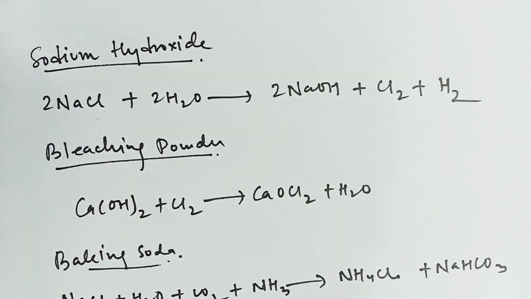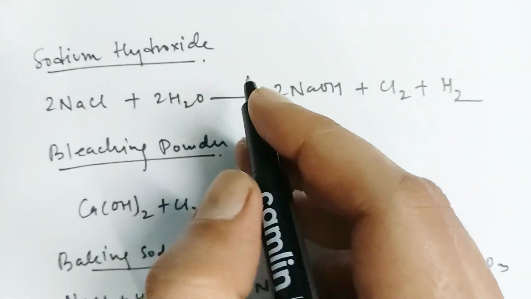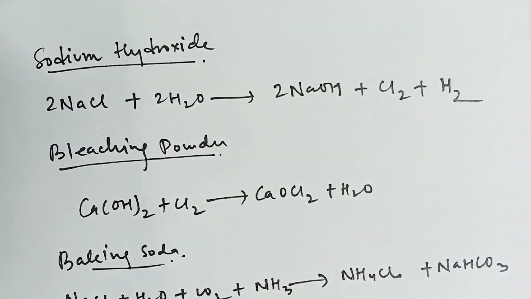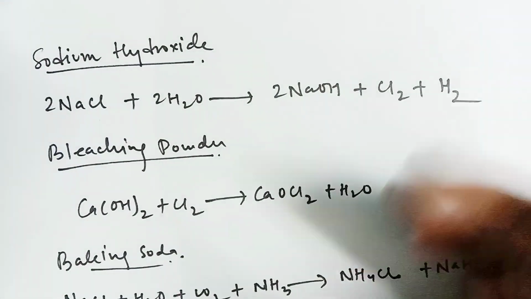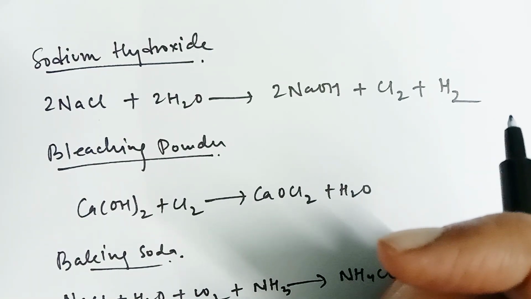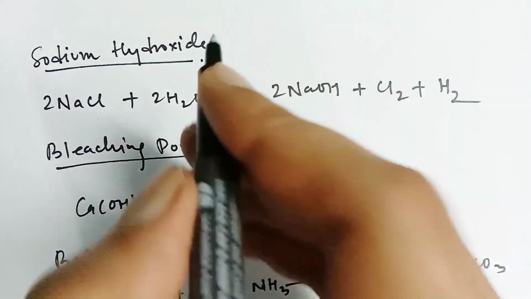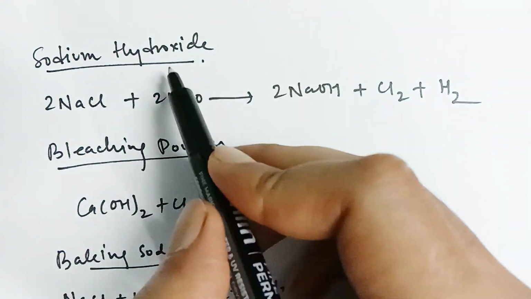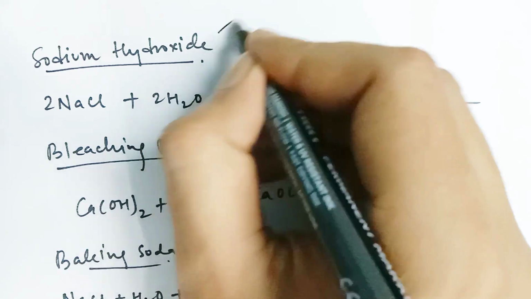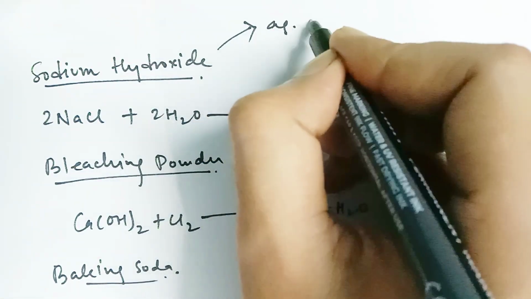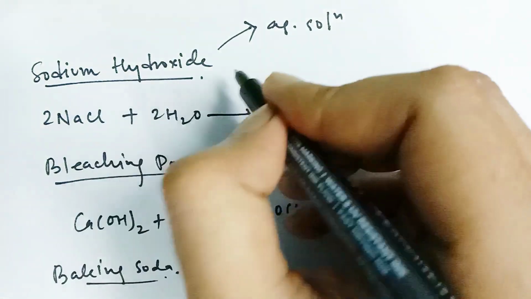Now some common salts or compounds which are used in our home, and also used in large scale synthesis. Some of them are sodium hydroxide. Now, one thing you can note down which can come in your exam: aqueous solution of sodium chloride.